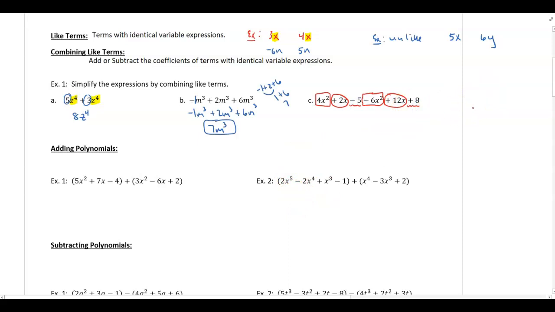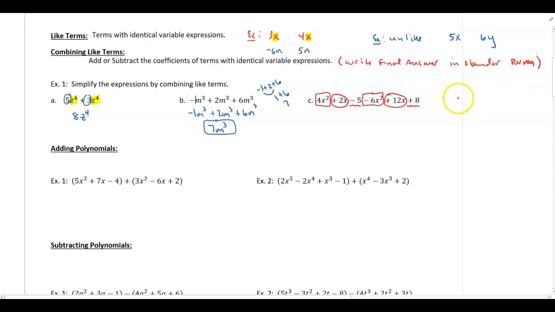Anytime we do this, when we go to combine like terms, we basically add or subtract the coefficients of terms with identical variable expressions, but always write your final answer in standard form. Okay? And that is important.